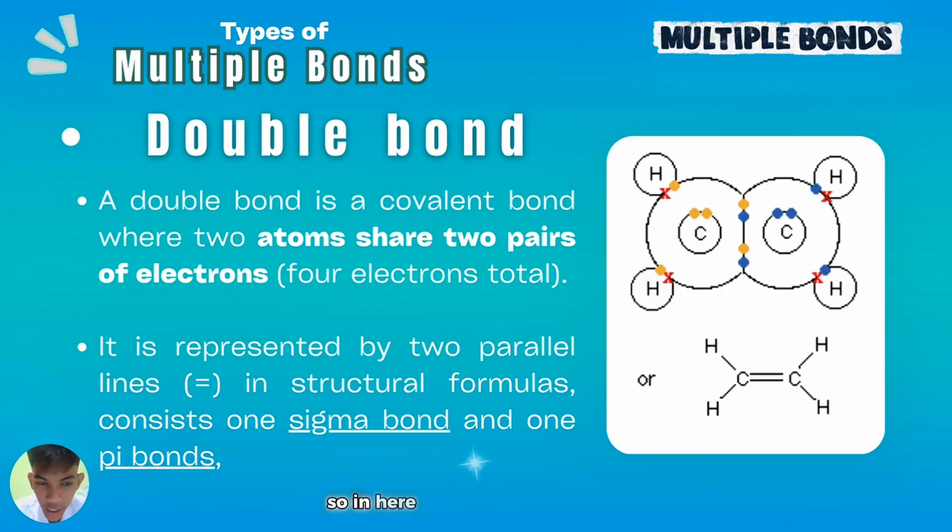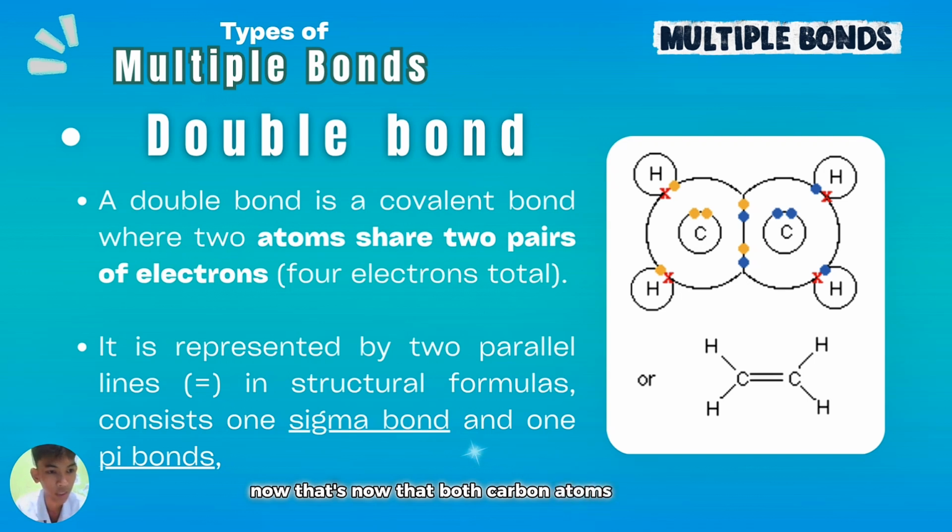So in here, we can count whether both carbons now satisfy the octet rule by achieving 8 valence electrons. To count the total valence electrons now that both carbon atoms are sharing electrons, we can count the electrons in carbon by using the yellow circles.